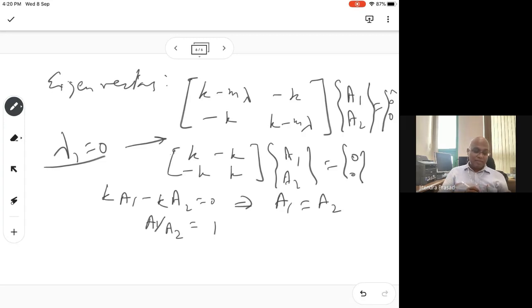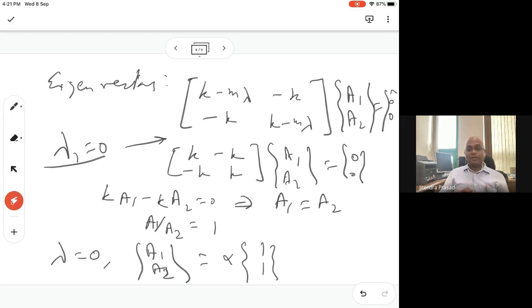So when lambda is equal to 0, a1 and a2 will be equal to some value, let's say alpha times 1 1. So both are moving in the same direction at the same time. That really means that the first eigenvalue tells you that there is no frequency, omega equal to 0.